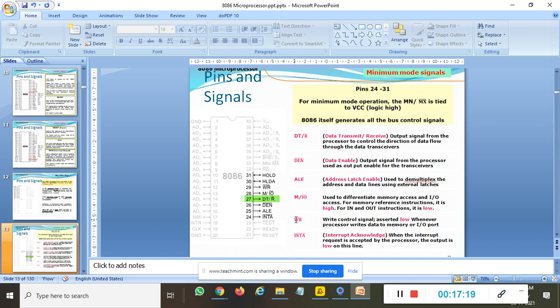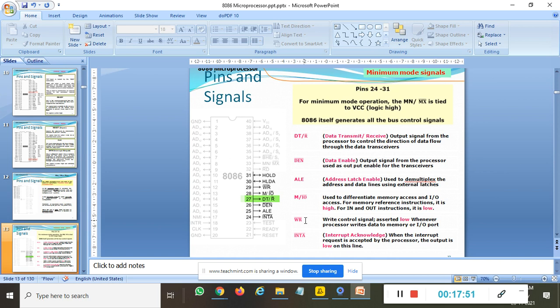Okay, next one is WR bar. WR bar is the write control signal, and it is asserted low whenever the processor writes data to memory or an IO port. It is low when the microprocessor writes data to either memory or an input output port.